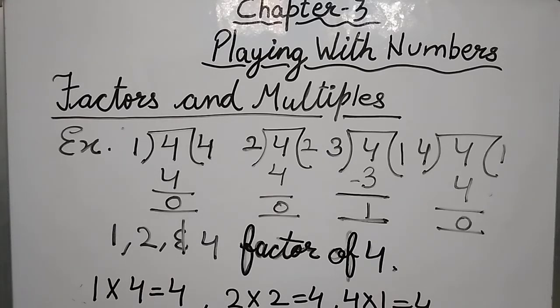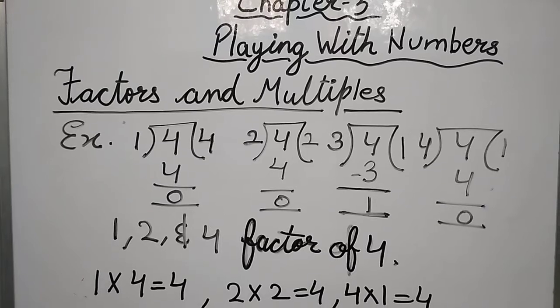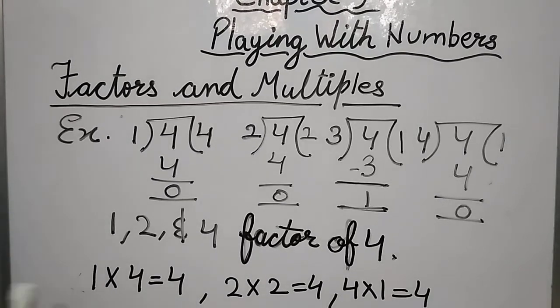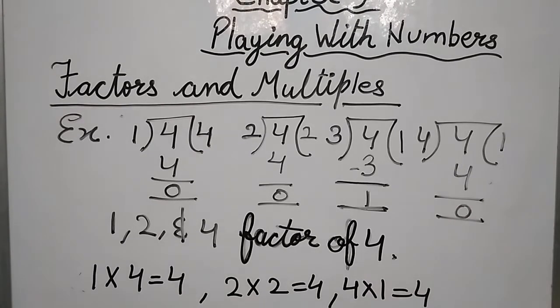By this format, we can say that 1, 4 and 2 are the factors of 4. Or you can say that these numbers 1, 2 and 4 are exact divisors of 4. So those numbers which are exact divisors of any given number are called factors of that particular given number.